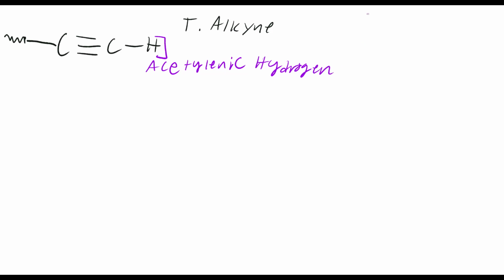And notice that a triple bond, if you remember, has a lot of s character because this has 2 things attached to it. And the central carbon has an s character of 50% because it is sp hybridized. And because it has an s character of 50%, it's more acidic than a single bond and it's more acidic than a double bond.